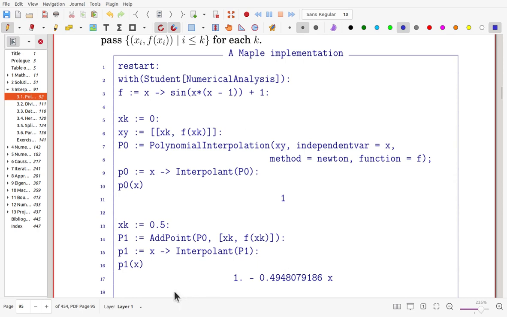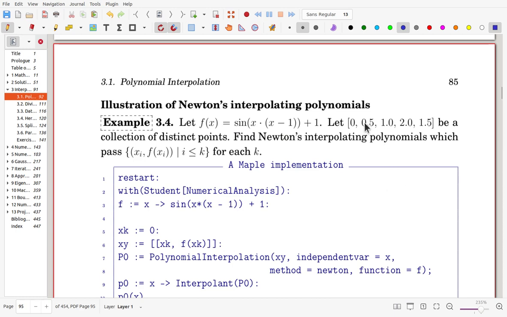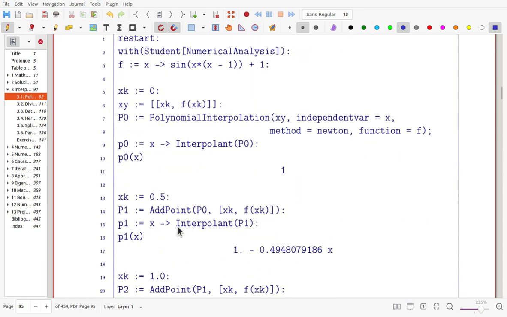And then for 0.5, that is this point x1, we add it to p0, and so p1 is made. If you see p1(x), then you can see this one.